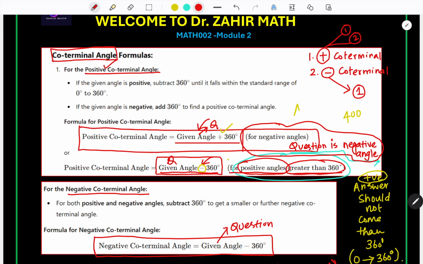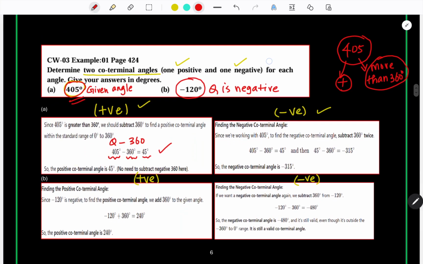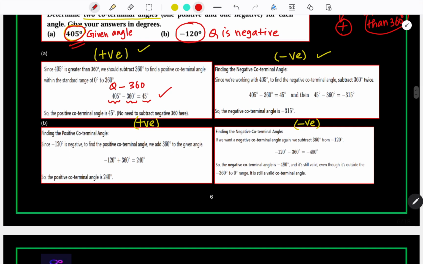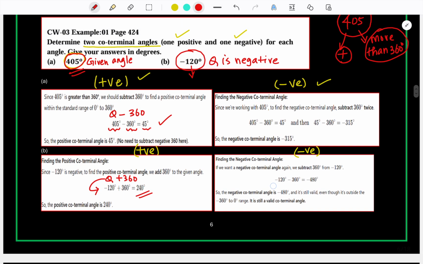Given angle plus 360. What is your given angle? Minus 120. So question plus 360 degrees: minus 120 plus 360. Put it in the calculator and you will get 240. Clear everybody? So this is the positive coterminal angle.